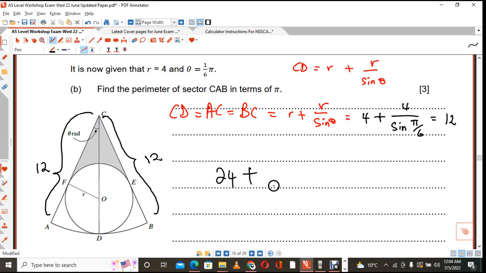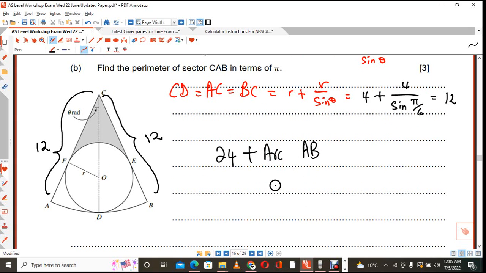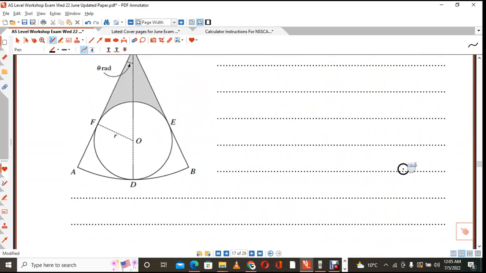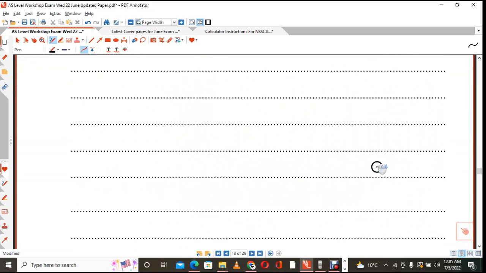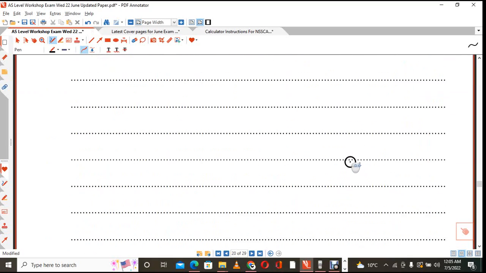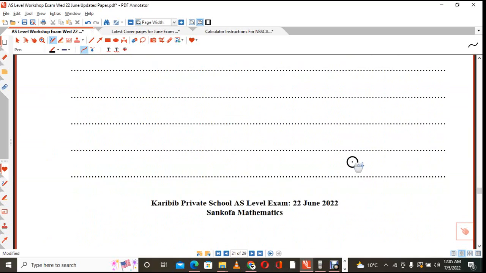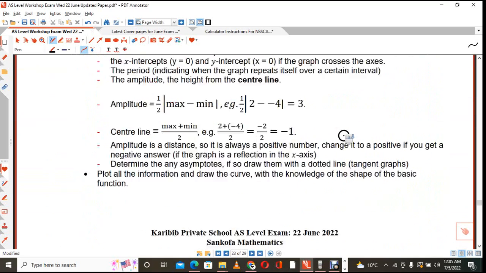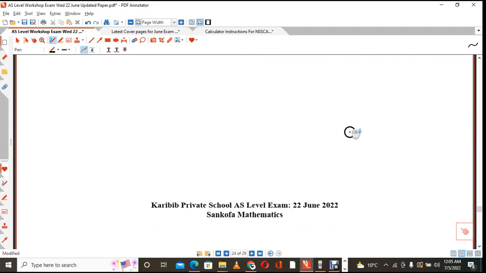The only thing I need is arc AB. Remember what I said: if you don't remember how to find the arc length when working with radians, you go down to your formula list and you will find it is given there. But it's very straightforward. You can always use your knowledge of degrees and do the conversion. We're looking for distance, so the arc length, which is part of the circumference.